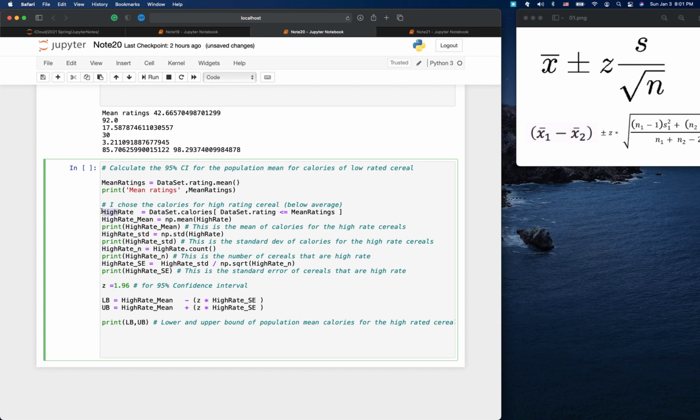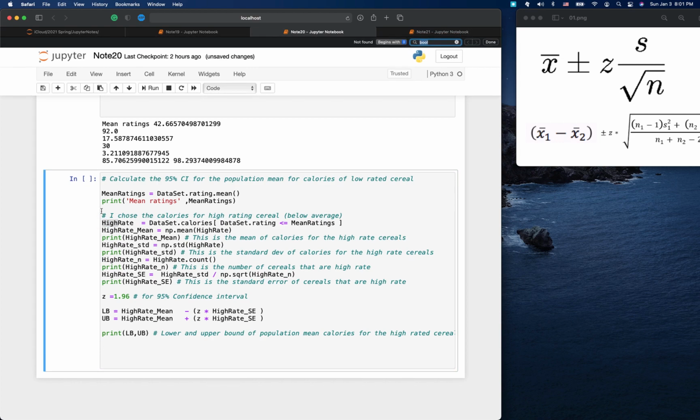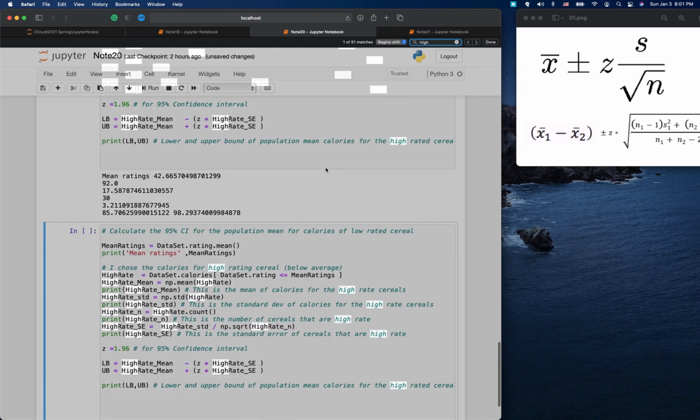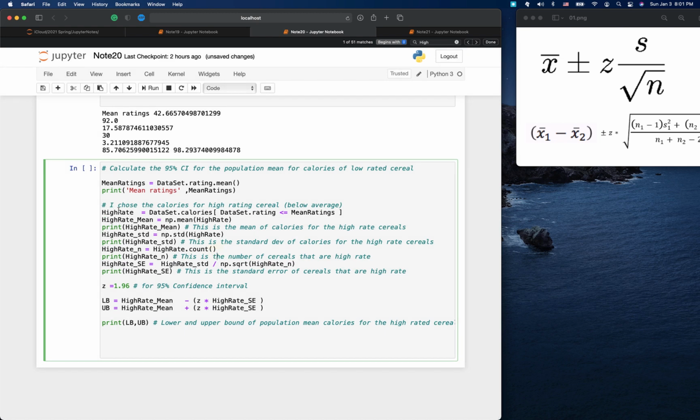And everywhere I find high, can I replace it? I cannot. I wish I could. Instead of high, I'm going to write down low rated, low rated everywhere.